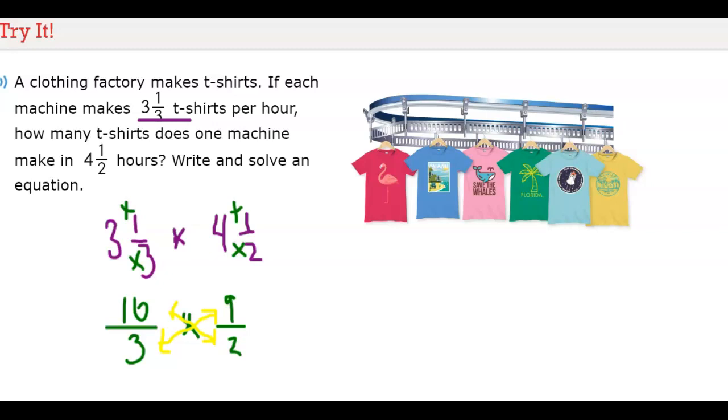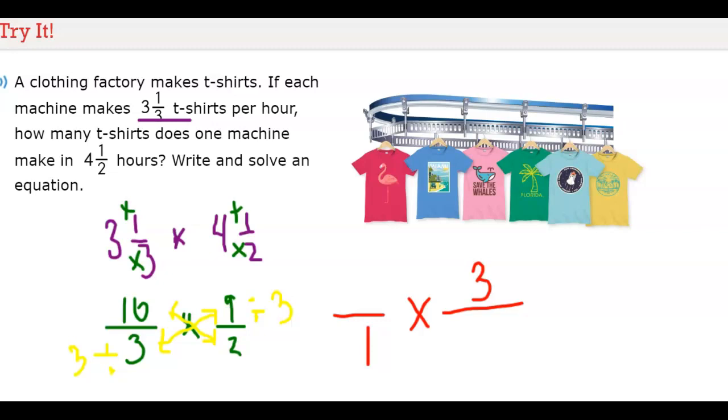So we're going to divide the 9 by 3 and 3 by 3. 9 divided by 3 is 3, and then 3 divided by 3 is 1.